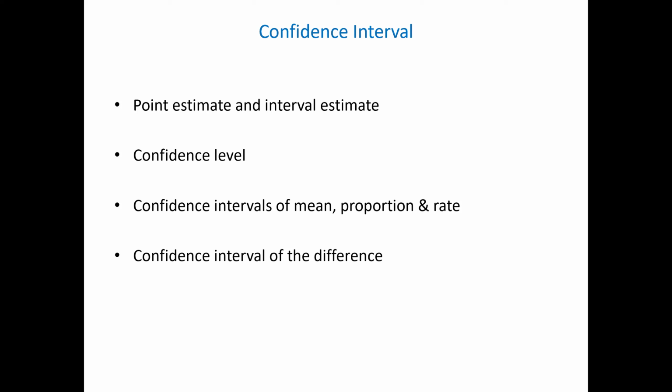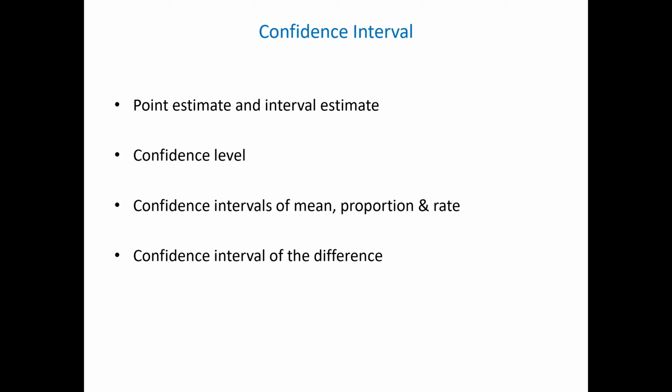This mean I've calculated is for the sample, but I want to give a clue about what the value will be in the population. I will now give a range of values. I will say I'm 95% confident, because the level of confidence we usually use is 95. You can use 99, but nobody will want anything less than 90. So I'm 95% confident that the population value, the parameter, will be in between these two values.